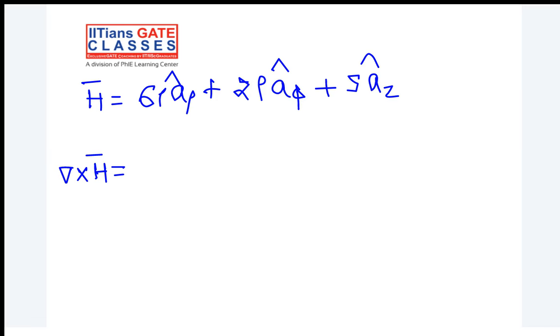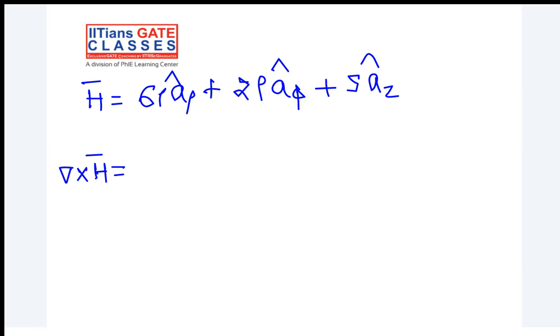So you can see curl of H is equal to 1 by h1, h2, h3, which will be rho. Whenever you are writing the first row, remember, if it is other than rectangular, you should multiply the scaling factors. So the first row will be 1 into a rho cap, rho into a phi cap, and az cap: scaling factors 1, rho and 1.